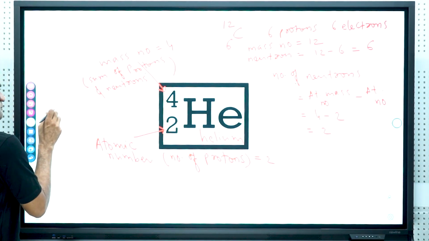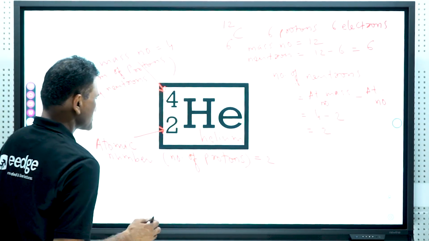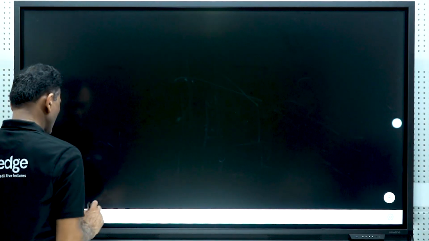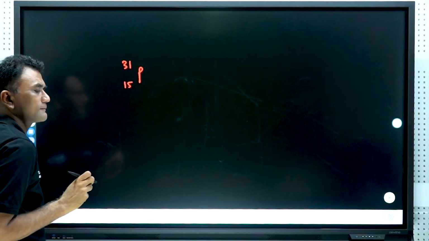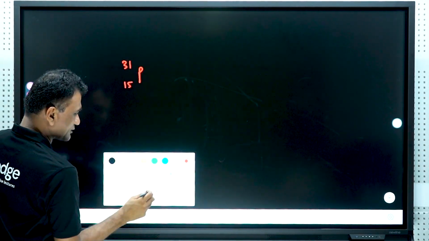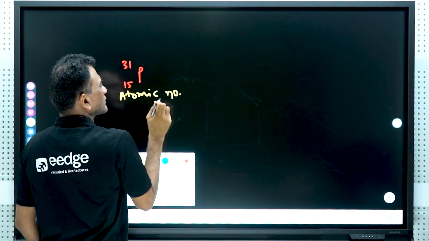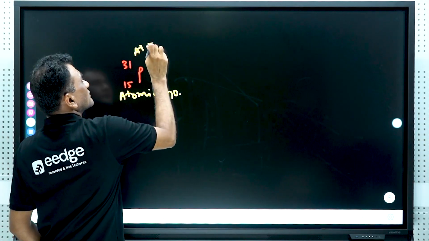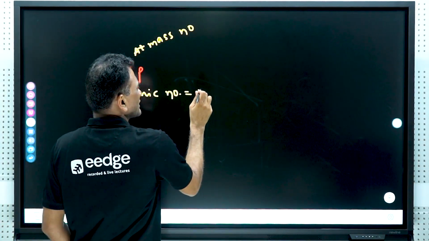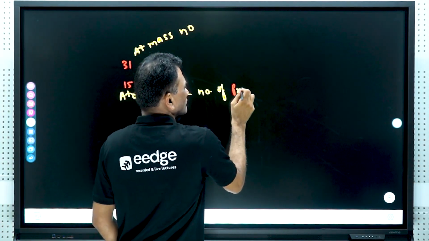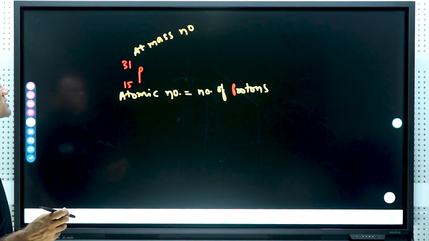So suppose I take one element which has a different number of protons and neutrons. Suppose I give you phosphorus, 15, 31. So 15 stands for atomic number, 31 stands for atomic mass number. Atomic number gives us number of protons, so we have 15 protons in the nucleus of phosphorus.